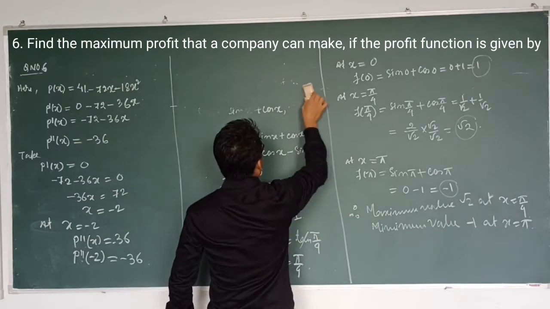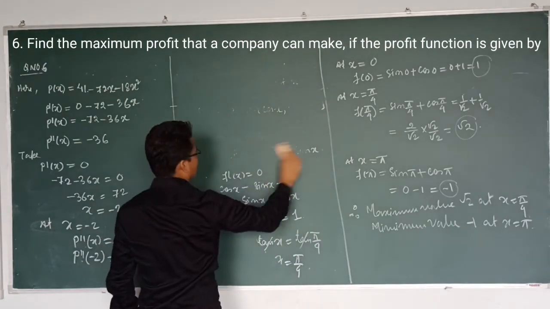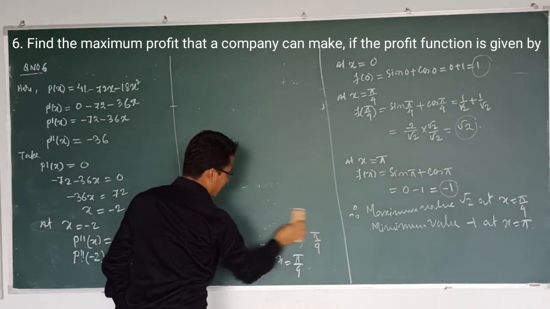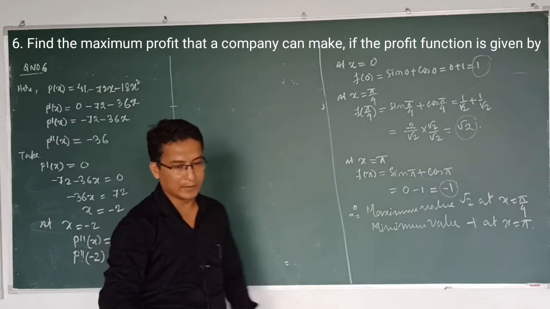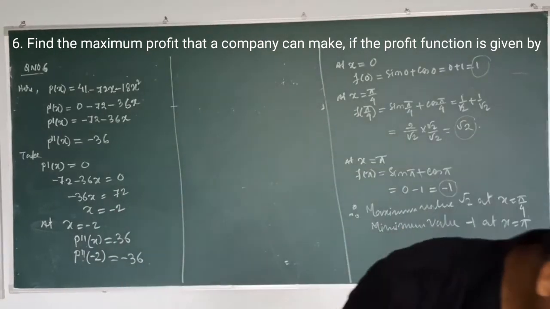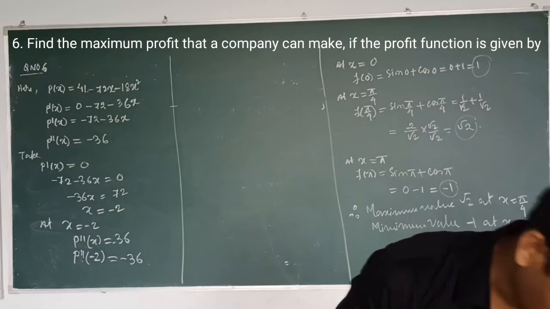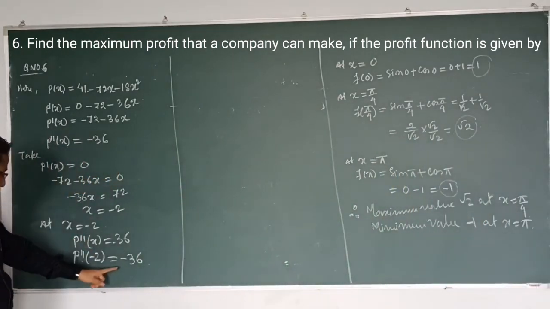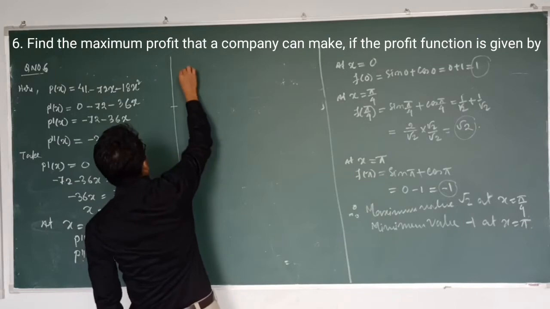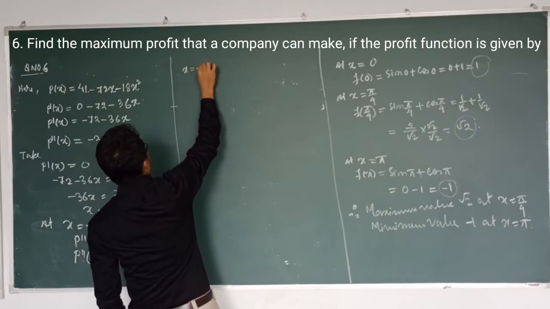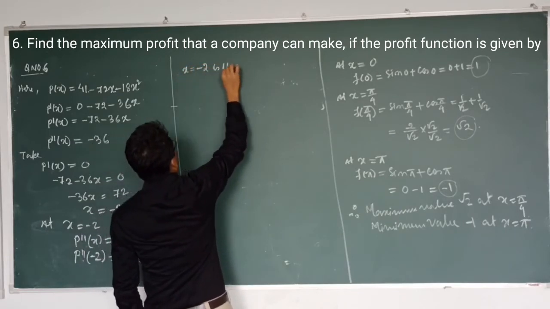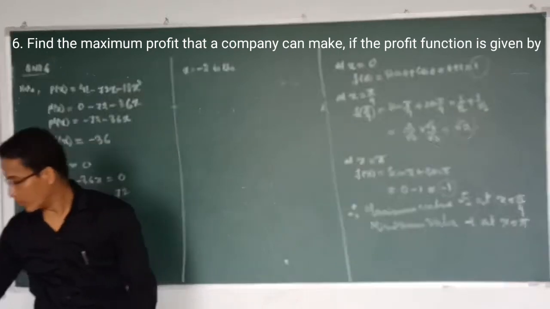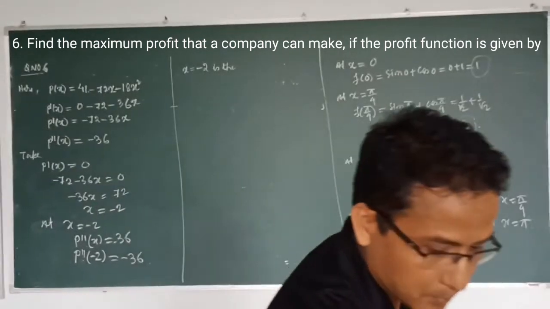Now we are going to find the maximum value. So x equal to minus 2 is the point of maximum.